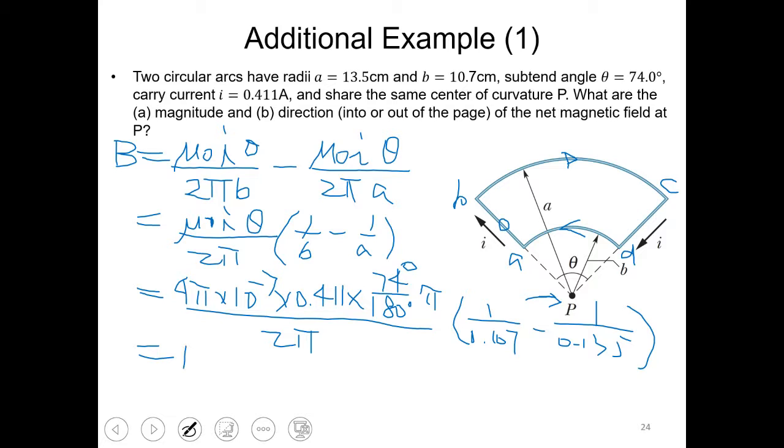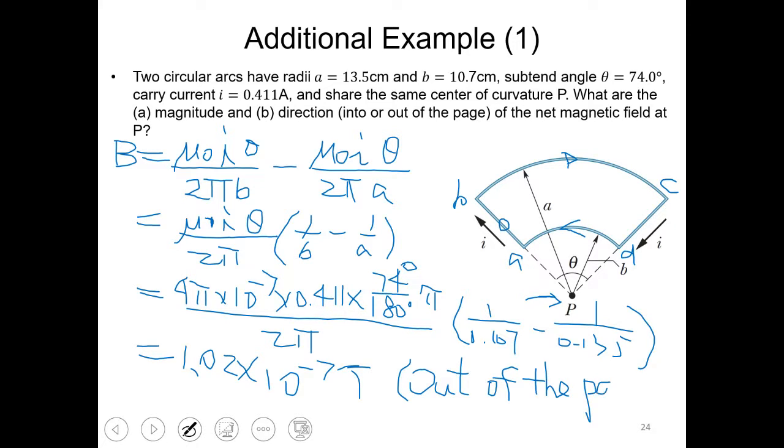It is actually 1.02 times 10 to the minus 7 T, and the direction should be out of the page. Out of the page, because this term is larger and this one is smaller.